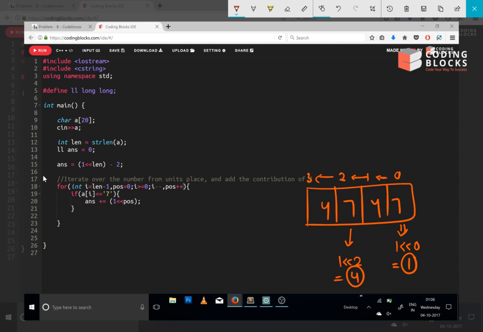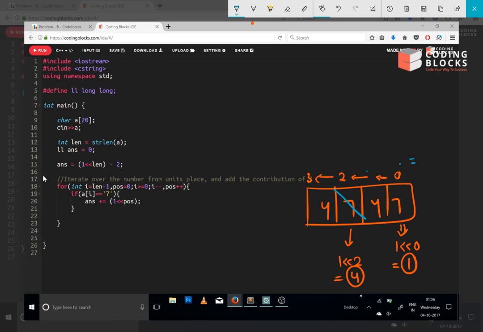Right? Because if I change this 7 by 4, I get 2 options at this place, 2 options at this place. So I can make 4 more lucky numbers which are less than the current number. That's why I'm adding the contribution of 7 to my final answer, right?